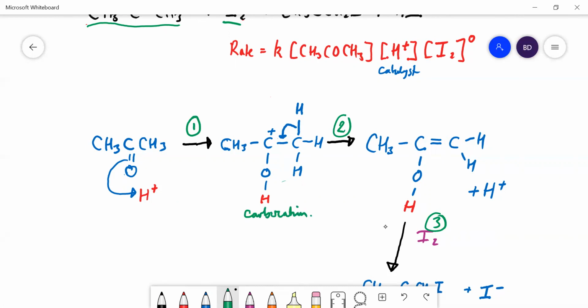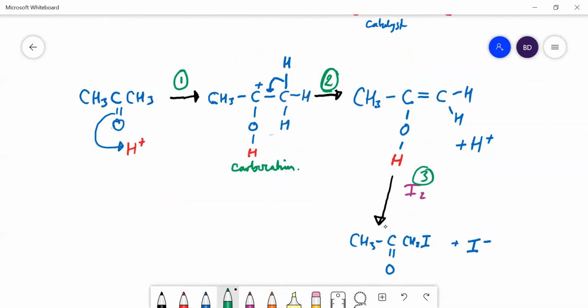In the second step, number 2 here, you deprotonate, you form this pi bond and you deprotonate the carbocation and you form that intermediate. And in the third step, which I haven't shown, the alkene reacts with the iodine to form the final product.